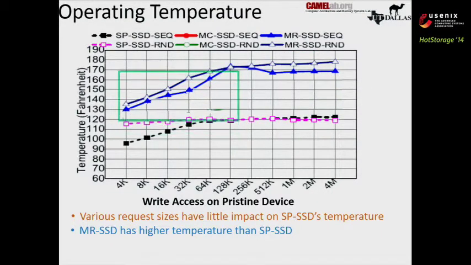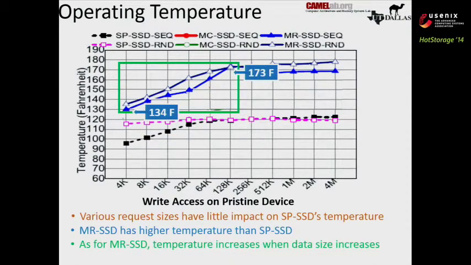Let's look at the green box in the figure. The temperature increased from 134 degrees to 173 degrees. So the increment is so drastic.